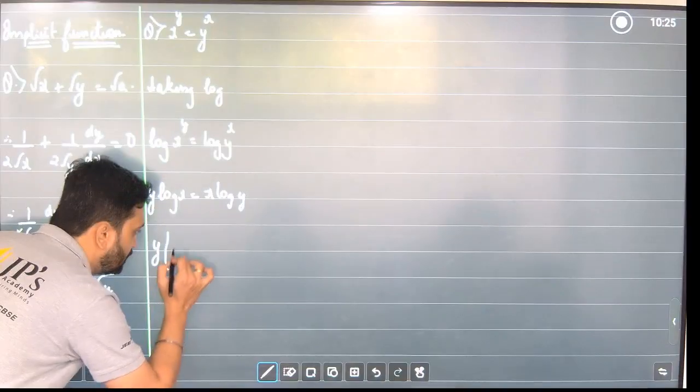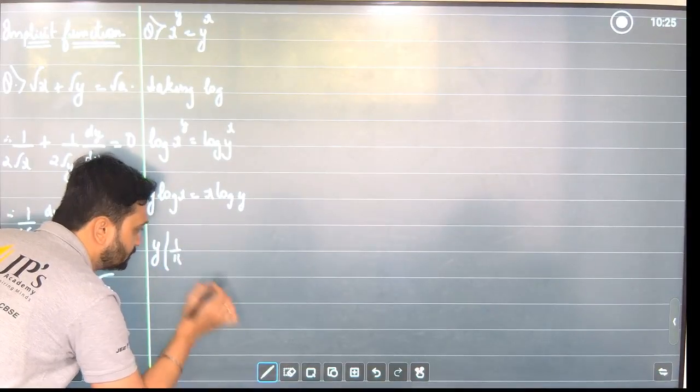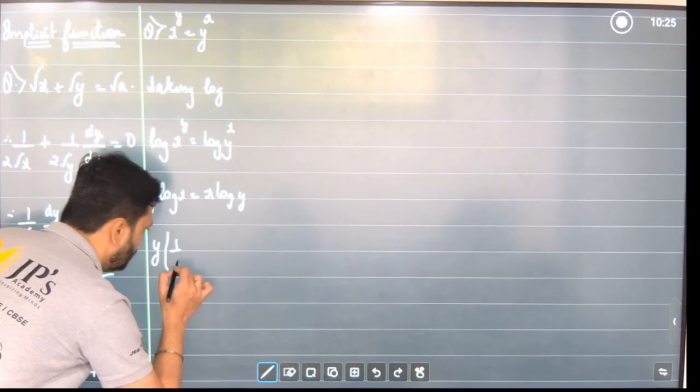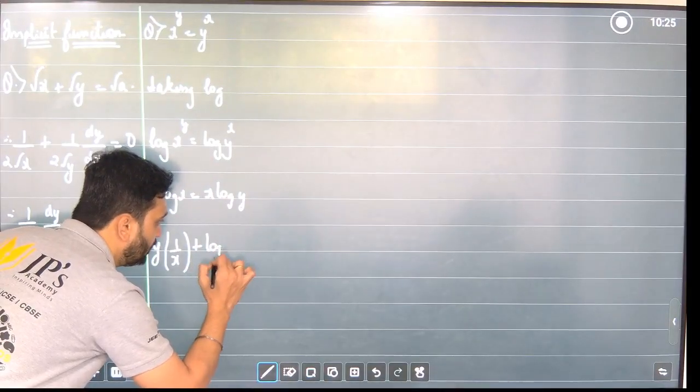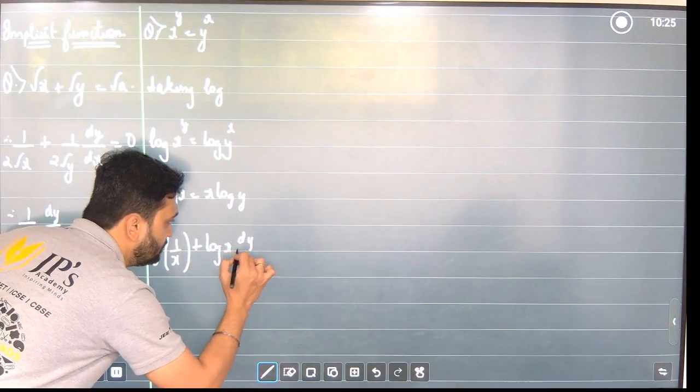So see what this will become. If I differentiate this, y into 1 by x plus log x into dy by dx.